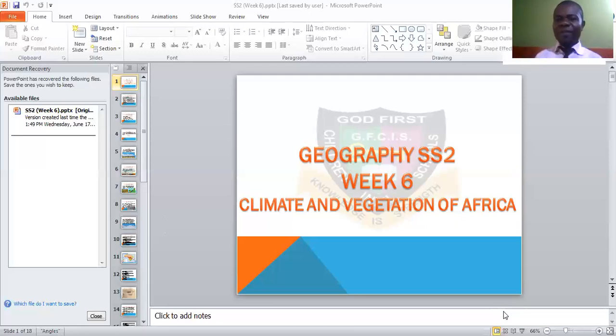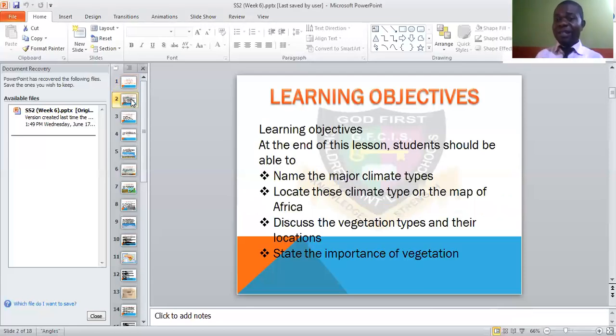Let us look together at the objectives for this lesson, what we intend to achieve, in our usual manner. That is the learning objectives. At the end of this lesson, you should be able to name the major climate types. Number two, locate these climate types on the map of Africa.